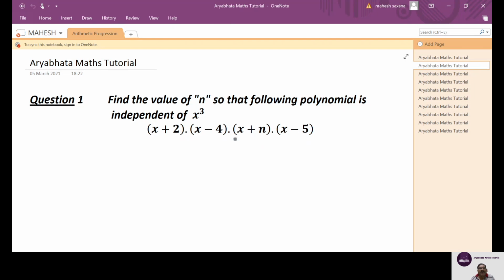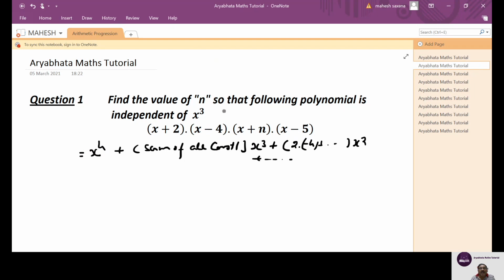Therefore, its product will be like: the first term will be x to the power 4, plus the sum of all constants times x cubed, plus the sum of the products of two constants at a time, that is 2 into minus 4, times x square, and so on.